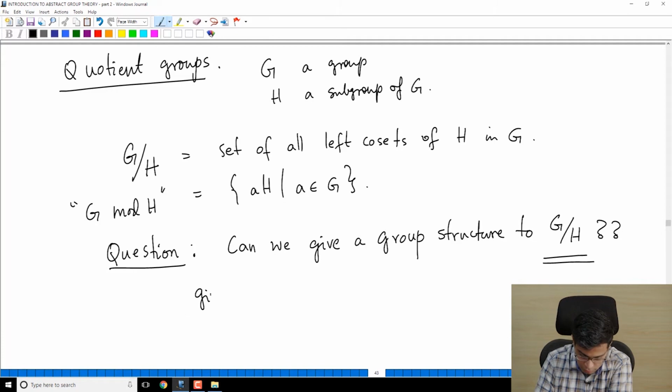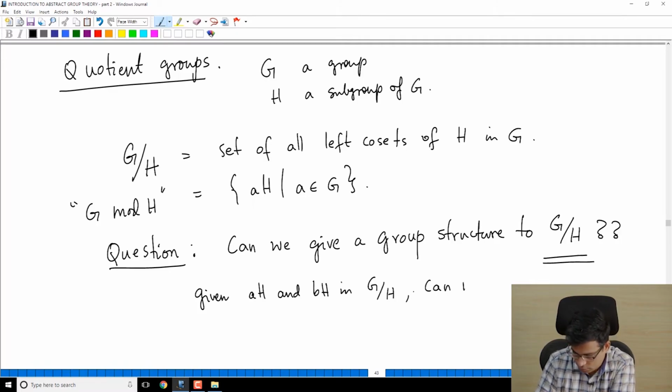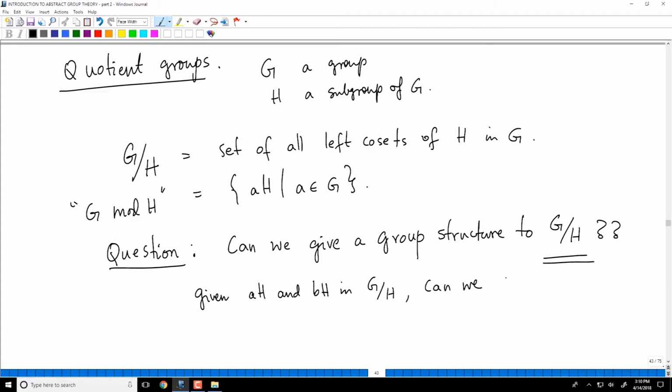So given aH and bH in G mod H, can we perform some operation and get a third left coset out of aH and bH?